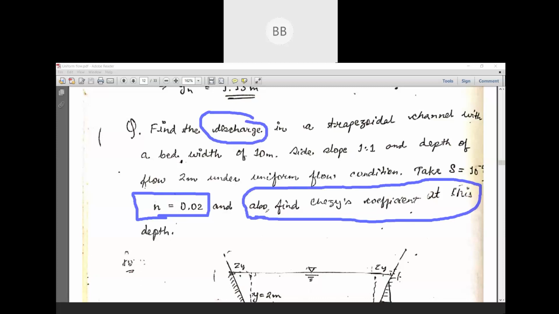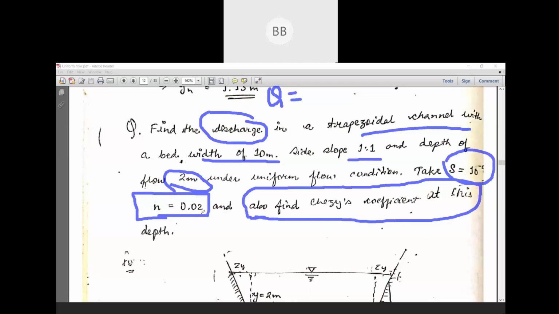First, you need to find out the discharge of a trapezoidal channel. The width of the channel is given 10 meter. Side slope is given 1:1. Depth of flow is given 2 meter. And longitudinal slope, or you can say bed slope, is given 10 to the power minus 4. It's not visible, you just write it down, 10 to the power minus 4.